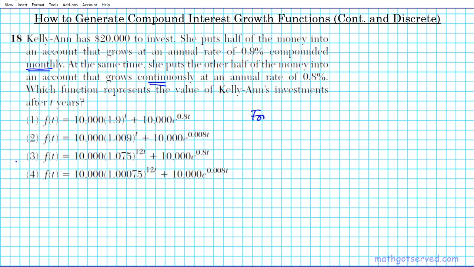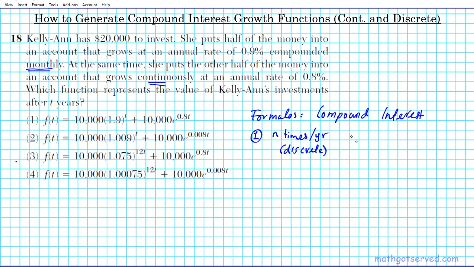These are the formulas for compound interest. There are two of them. The first one is discrete, where we have n times per year, or n times per period. This is known as the discrete model.